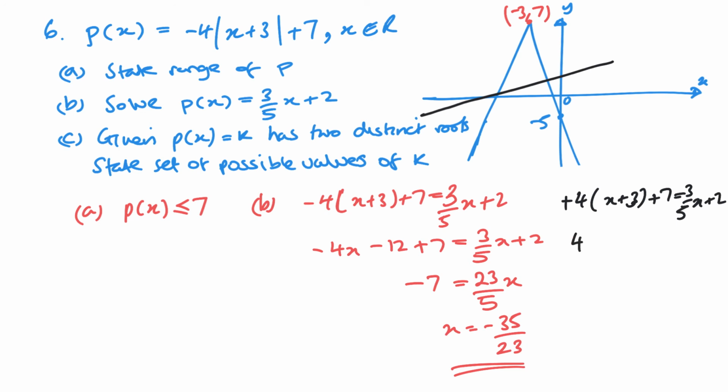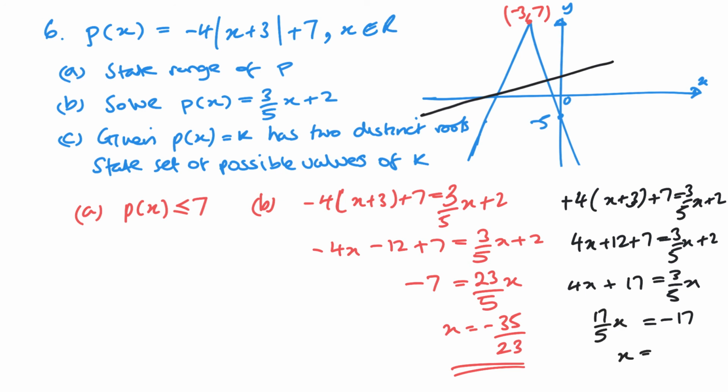So expanding, we got 4x plus 12 plus 7, 3/5 x plus 2. 12 plus 7, take away 2 is going to give me 17. So that's negative 17, that's a 4, take away 3/5, 17 over 5 x, x equals minus 5. Nice and easy there with the 17s.